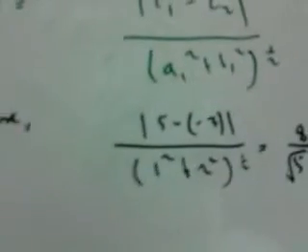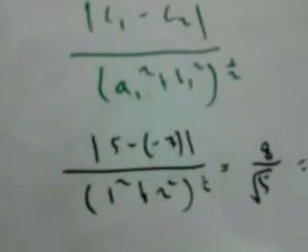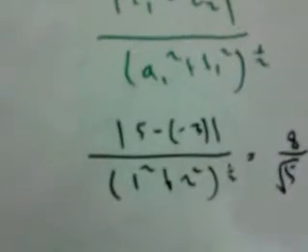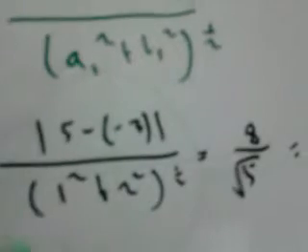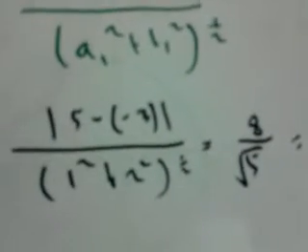As per our question, c1 minus c2 we can take as 5 minus minus 3, divided by, the value of a here is 1, which is the coefficient of x, value of b is 2. So 1 square plus 2 square, take the square root of that. 5 minus minus 3 is 8, square root of 5 is root 5. So we can write it as 8 root 5 by 5.